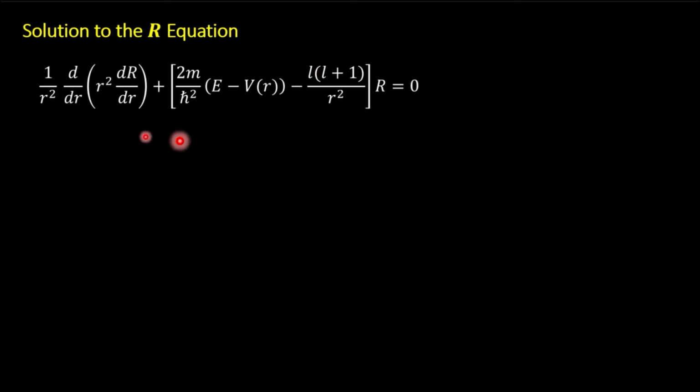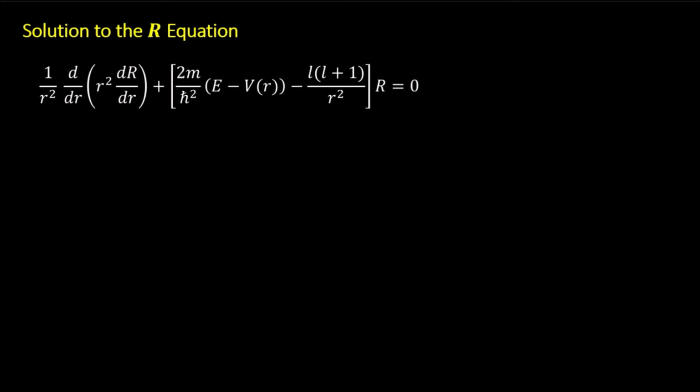So with that substitution, this is the radial part of the equation. To solve this equation, the explicit form of the potential is usually required because the potential energy term appears in this equation.